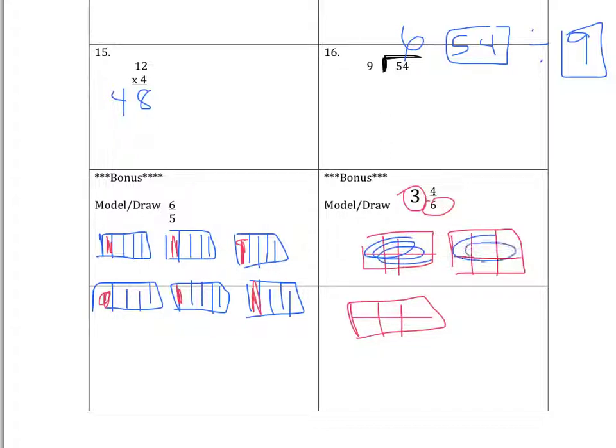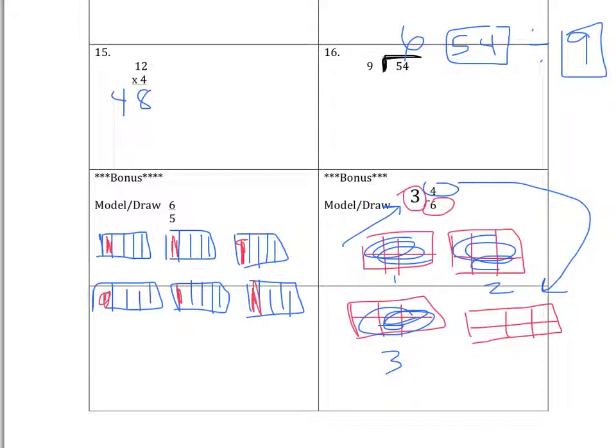So I have 1, 2, and 3. That gives us this number. 1, 2, 3. But I still have a little bit left over. So now I'm going to draw another box, break it up into my 6ths, and I'm going to color, how many of them am I going to color? I'm going to color in 4. So I have 1, 2, 3, 4. Which gives me 3 4/6.